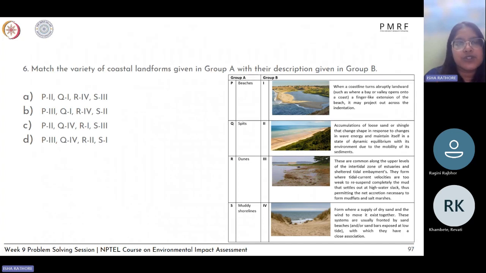So match the variety of coastal landforms given in group A with their description given in group B. We have different types of coastal landforms and their images and photographs.